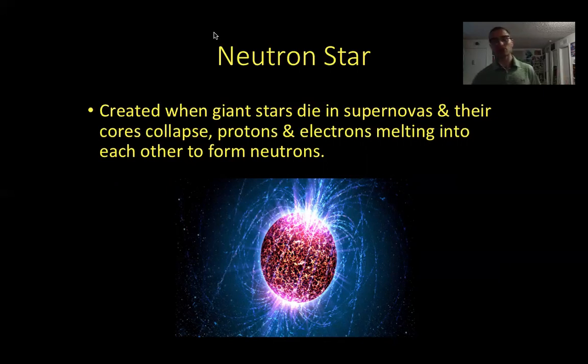It's created when giant stars die in supernovas and their cores collapse, so the core stays intact and produces protons and electrons that melt into each other to form neutrons. So protons positive, electrons negative. It's just this large collection of those particles that makes this neutral region of the core intact. So neutron star, quite beautiful and quite fascinating as well.